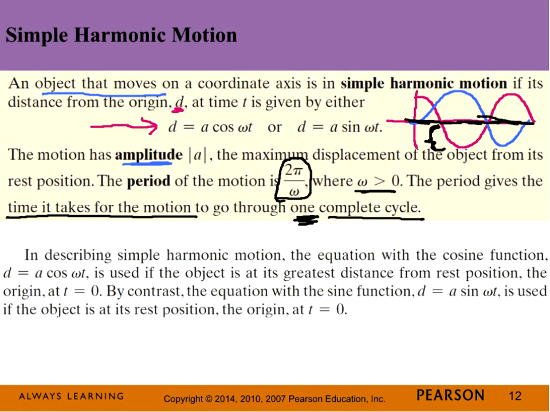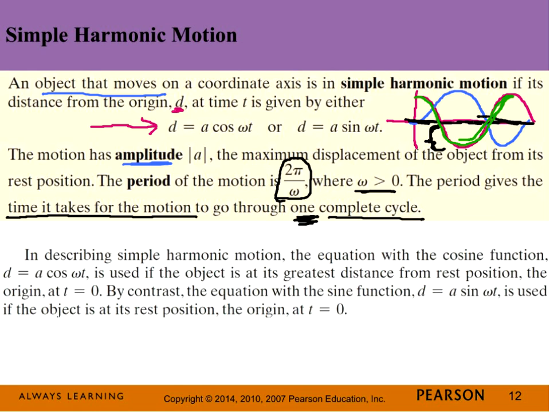So if we were looking at the cosine function, we would be talking about the time it takes to go from there all the way back up to its starting position. So that's one period there.